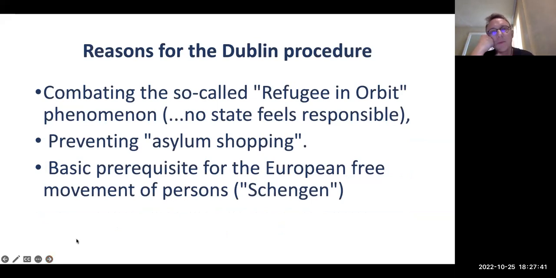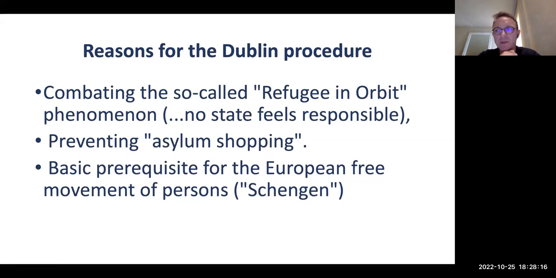Why has the Dublin procedure been used? Here we have to go back a bit in history, but also recall some of the problems that have been observed in the European space. First of all, there was the idea that the Dublin system needs to be established in order to fight against the so-called refugee in orbit phenomenon.